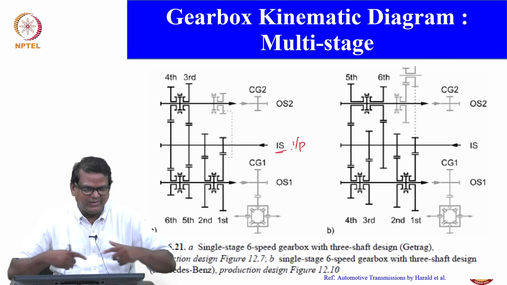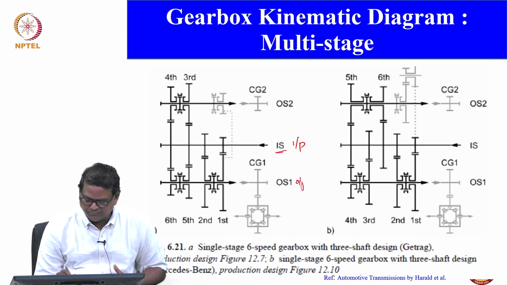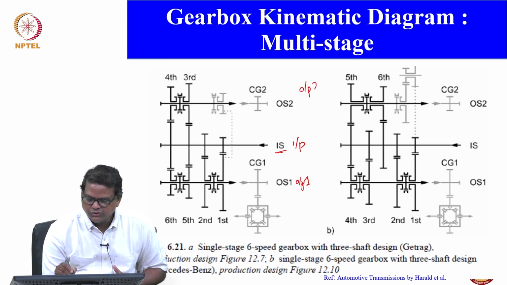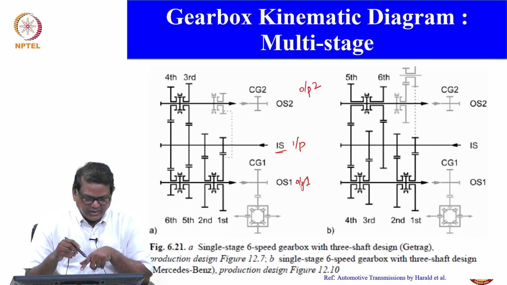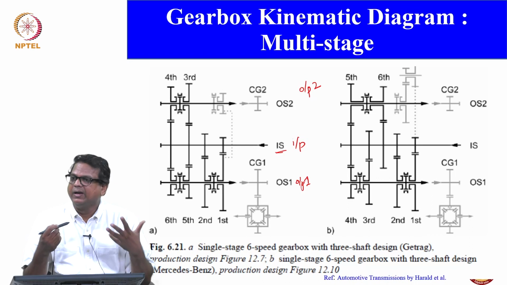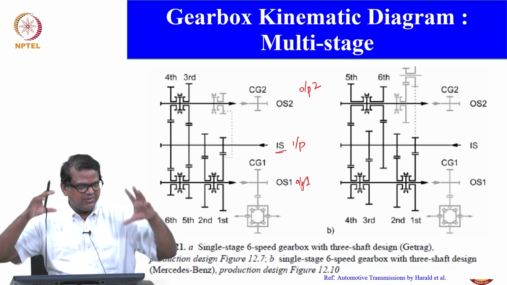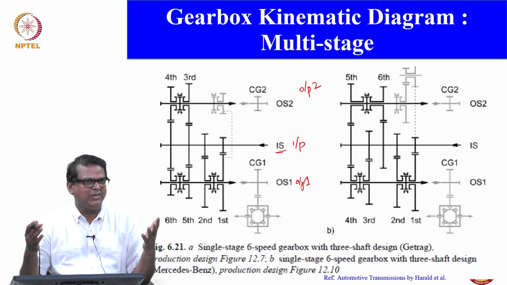One input shaft is common to two output shafts. This is output shaft 1, OS1, and this is output shaft 2. If we have more gears, instead of 5 gears, 6, 7 or 8 gears, with limited space, then this kind of arrangement can be considered.